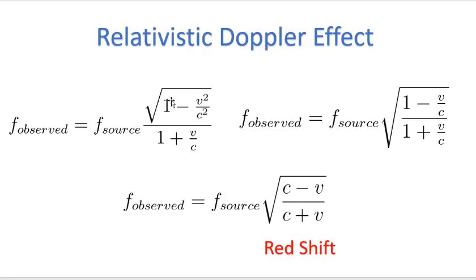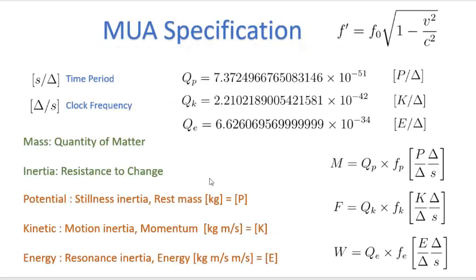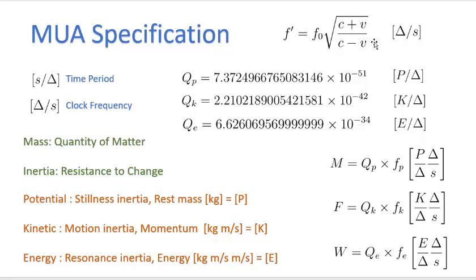It's built in. To me, this is more elegant than that and that. And so what I would like to do is rewrite my specification. I would like to take this out and put this in, because this accommodates both the alpha factor and the Doppler shift all into one.